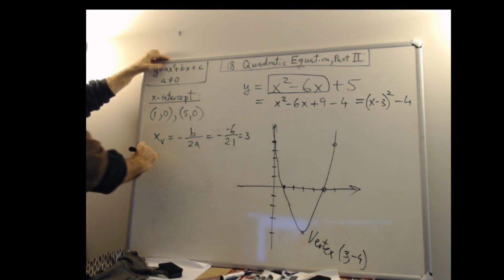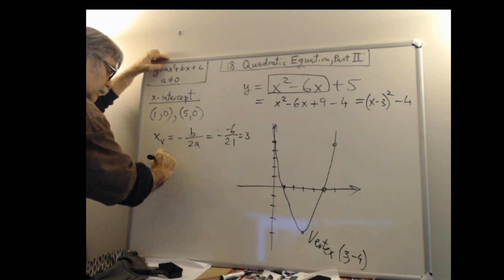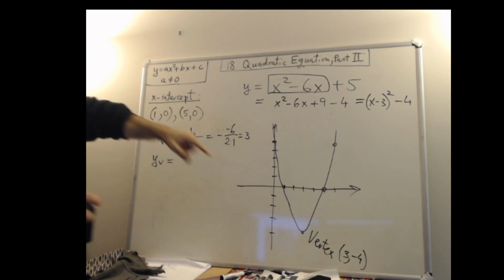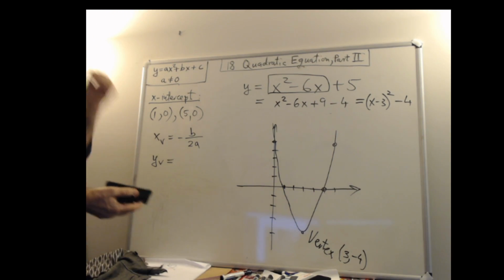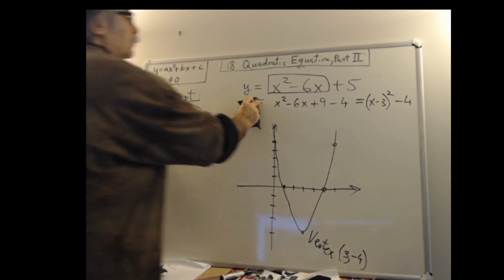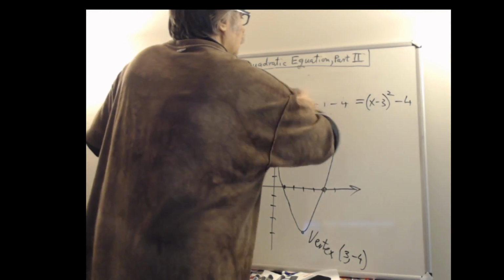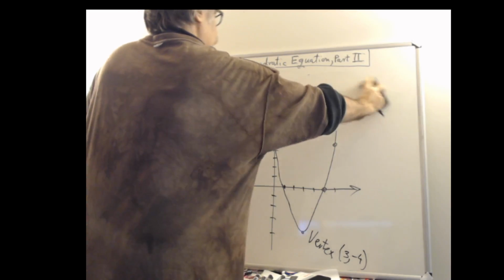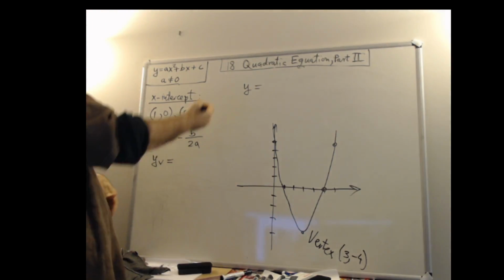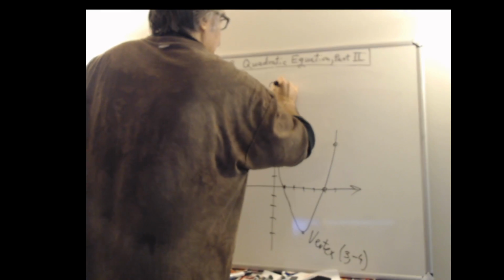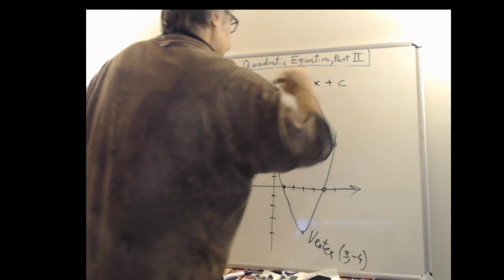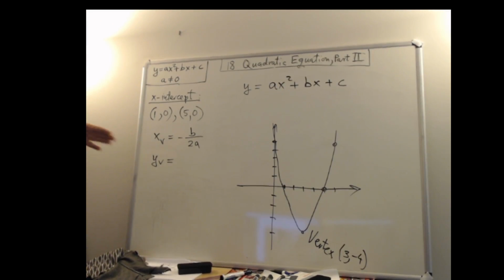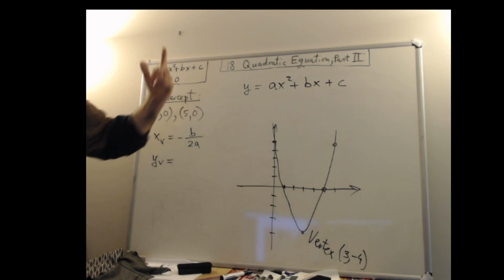Okay, what's the y of the vertex? I don't know. In this particular case, it's negative 4. But in general, what is it? In general, you have this. Okay? You're going to get the y of the vertex if you plug the x of the vertex into this equation.